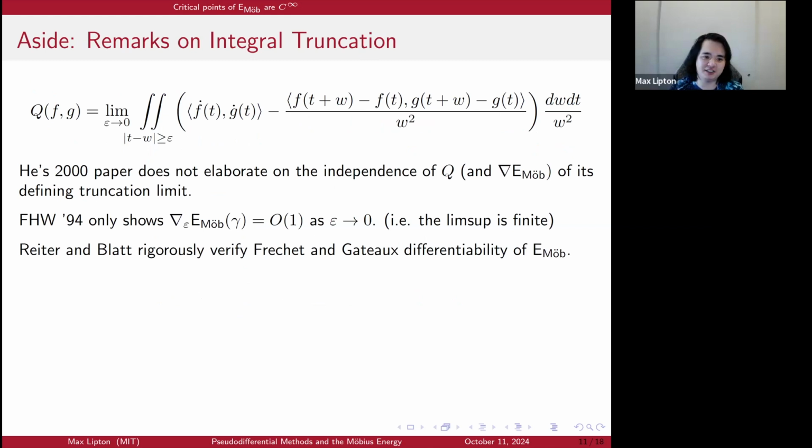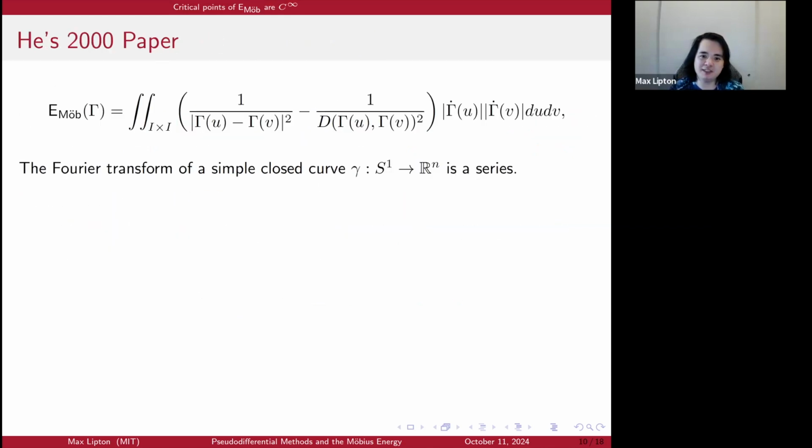Yeah. So going back to the original definition of the Mobius energy integral, one can actually show that if you take a curve with a cusp in it, that is, you have two tangent lines that hit each other at a prescribed angle, and you try to compute the Mobius energy of just a basic curve with that property, like two straight line segments that intersect, you'll get that the integral diverges, essentially because of that lack of uniqueness of the integral from the left hand and the right hand side.